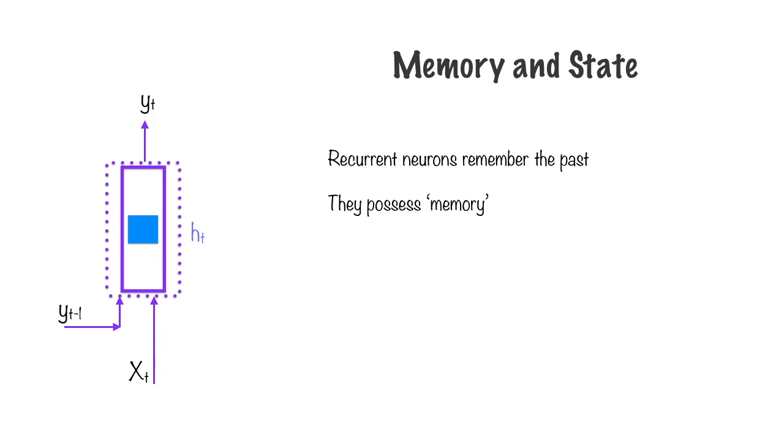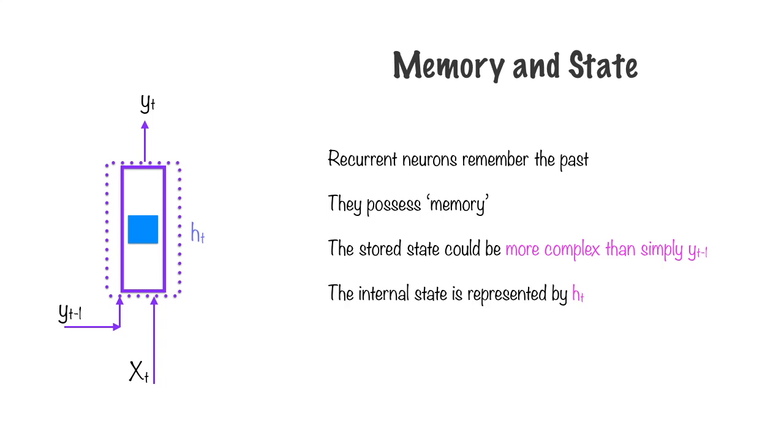Feeding back the output into the input allows the recurrent neuron to learn from the past. This stored state could be more complex than simply y of t minus 1. All we've seen so far is the previous output fed back to the input. This stored state, however, can be made more complex by structuring the recurrent neuron in a slightly different way. We'll see that later on in this course when we talk about long short term memory cells.